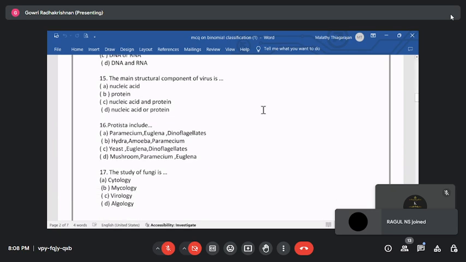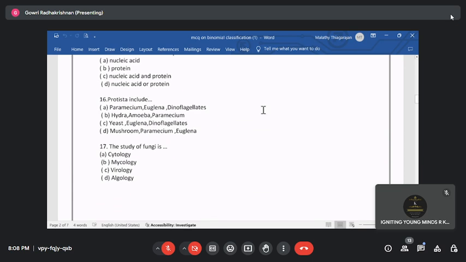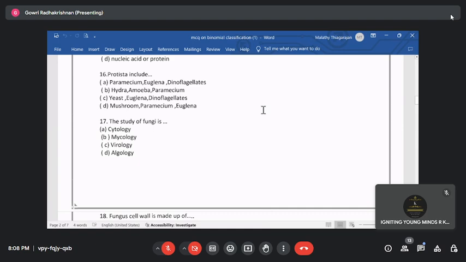Fifteenth question: the main structural component of a virus is nucleic acid and protein. Correct. Then 16: Protista include what? Option A. Paramecium, Euglena and dinoflagellates are all unicellular organisms classified in Protista.